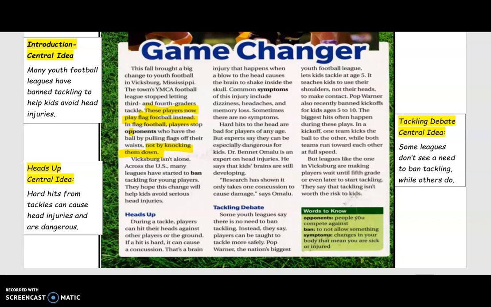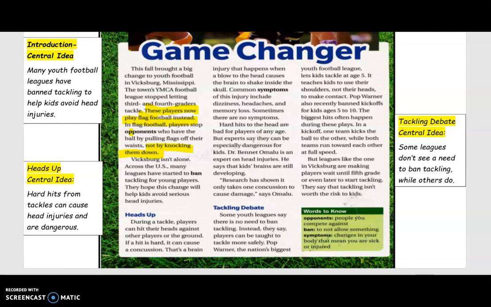That's a brain injury that happens when a blow to the head causes the brain to shake inside the skull. So right now, think what words will help you to understand what the word concussion means. All right, if you said brain injury, then you are correct. Those are the words that would help you to understand what the word concussion means.